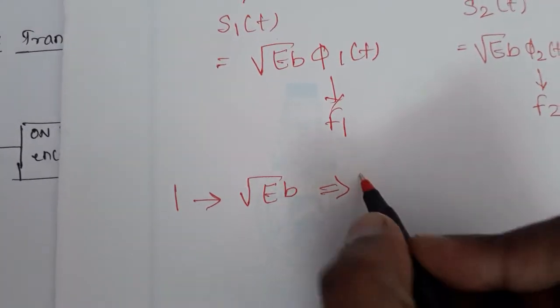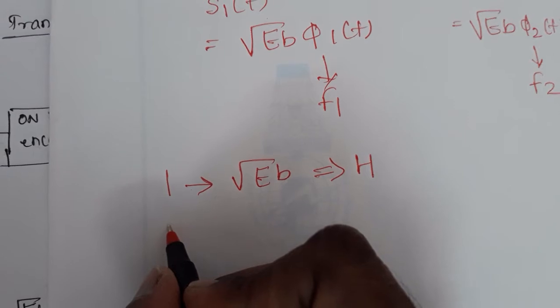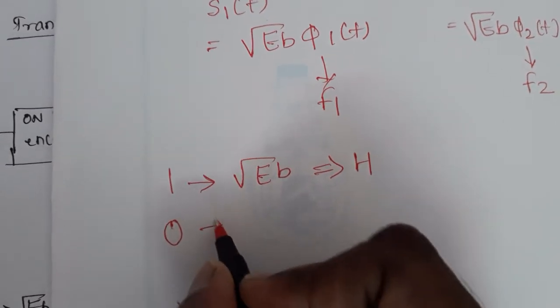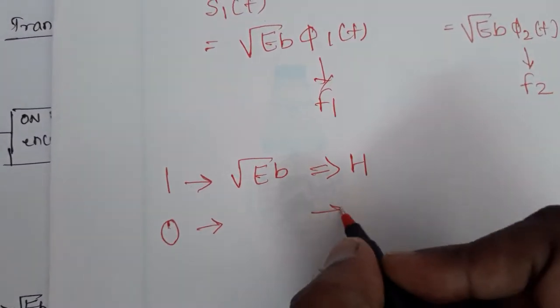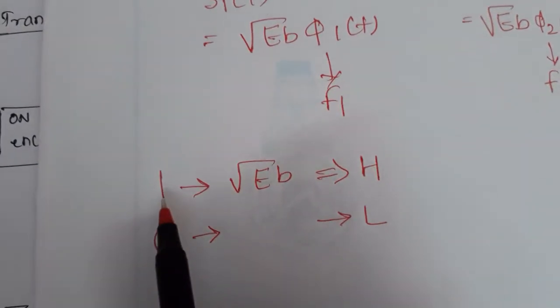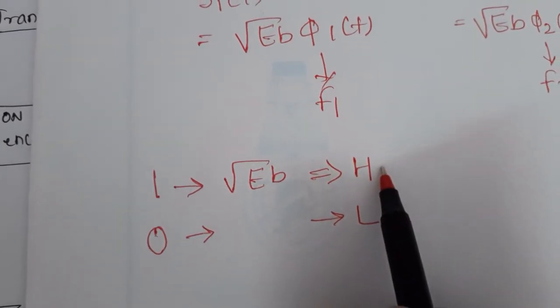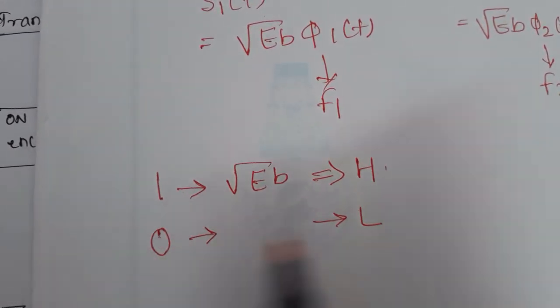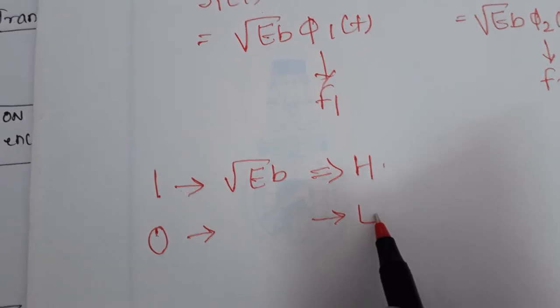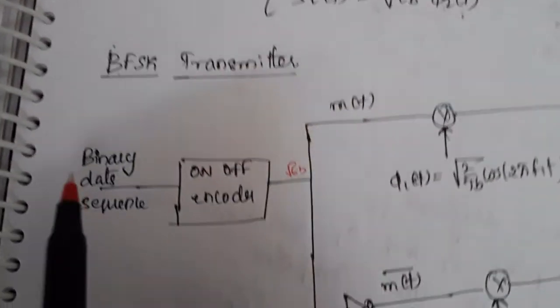This is indicated by high. Then when the input is 0, I am indicating by low. So I will repeat, when input is 1, root EB indicates high. Input is 0, indicated by low. Clear? Now just see the block diagram here.